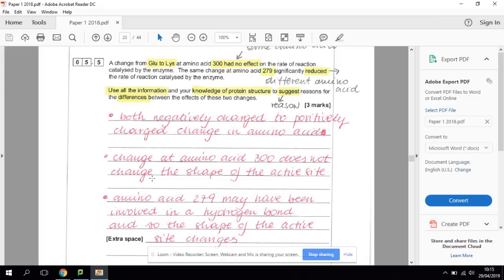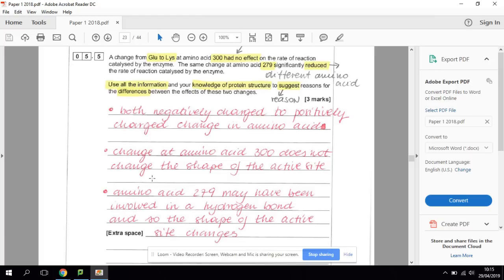The change at amino acid 300 does not change the shape of the active site because of course it's the same amino acid that's been coded for, using the fact of the degenerate genetic code. And amino acid 279 might have been involved in a hydrogen bond, so the shape of the active site changes.